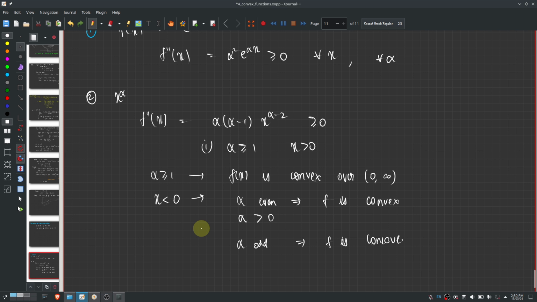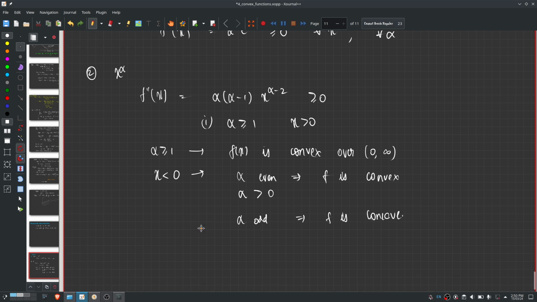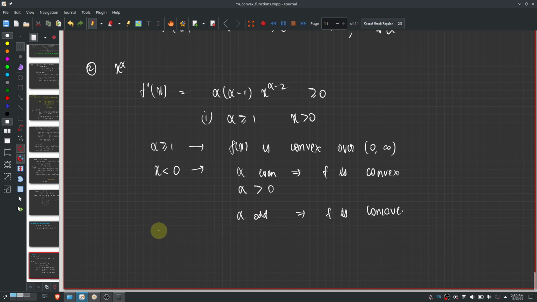Correct, correct. But if not, so let's say that alpha is less than 0 and alpha is even. So let's say alpha is less than or equal to 0. Right now, no, so this holds whether alpha is an integer or not. When alpha is greater than 0, in this case I'm assuming that alpha is an integer, right?